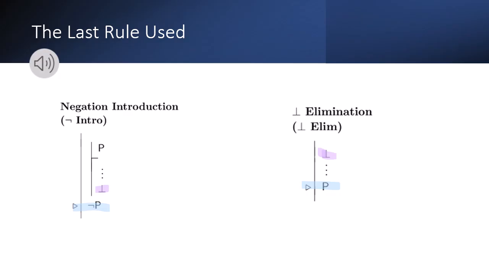And so the contradiction will certainly be a tautological consequence of the assumptions in play at that particular line. But again, that indicates that those assumptions were contradictory. Now, when those assumptions are contradictory, any conclusion at all is a tautological consequence.